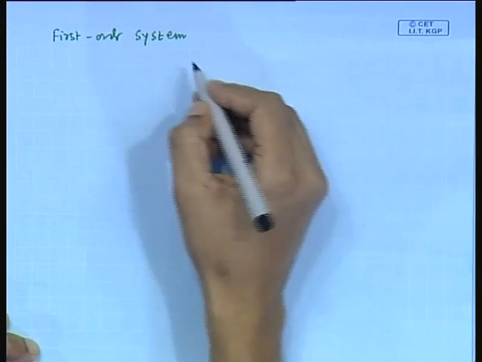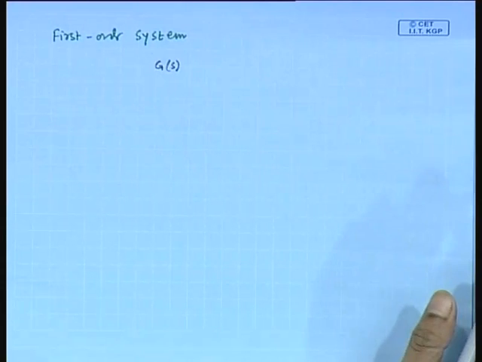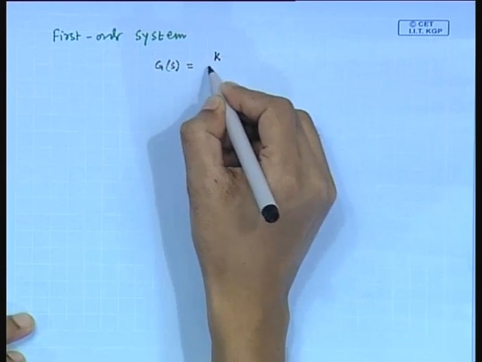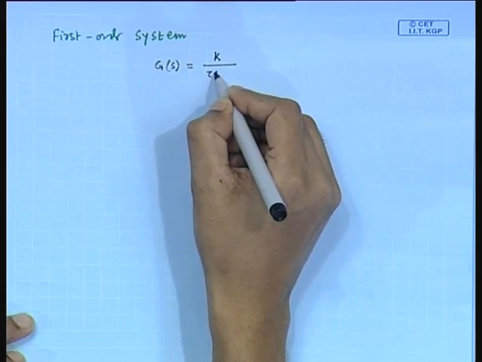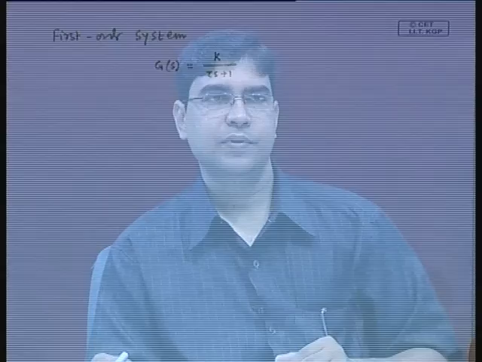The transfer function of a first order system, suppose, is given as G(s) equals K divided by tau s plus 1. K is the steady state gain of the first order system and tau is the time constant. Now, you proceed step by step.